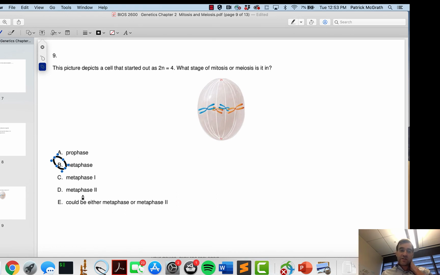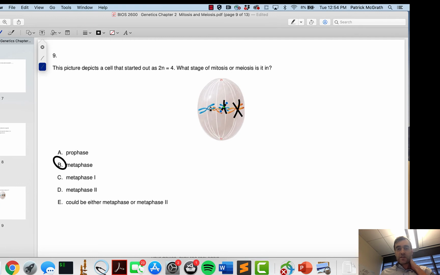The reason metaphase 2 can't be correct is because we know that it's a 2n equals 4, and you can see that two copies of homologous chromosomes are still present within the cell. That is not the case in metaphase 2 because we've already separated homologous chromosomes out to different cells, so you wouldn't see both copies.